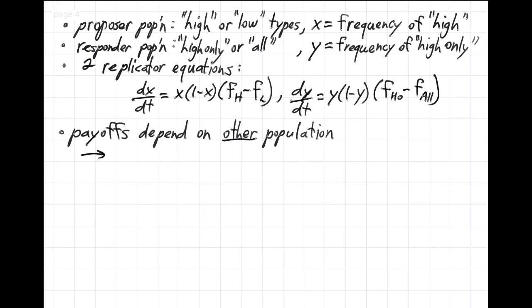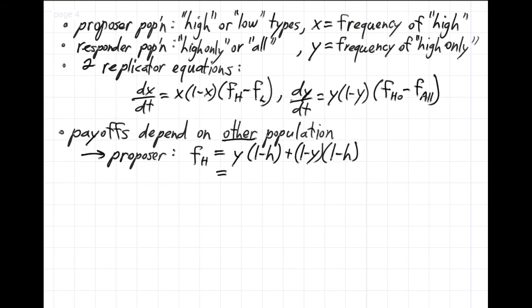So for the proposers, the fitness of the high offer type, on average, well, it depends who you're playing against. There's a probability Y of playing against high only, in which case the proposer will get 1 minus H, and there's a probability 1 minus Y of playing against accept all, which will also give 1 minus H. So really, the fitness of the high offer type is just 1 minus H, and it doesn't depend on the frequency of the responders, on what Y is.